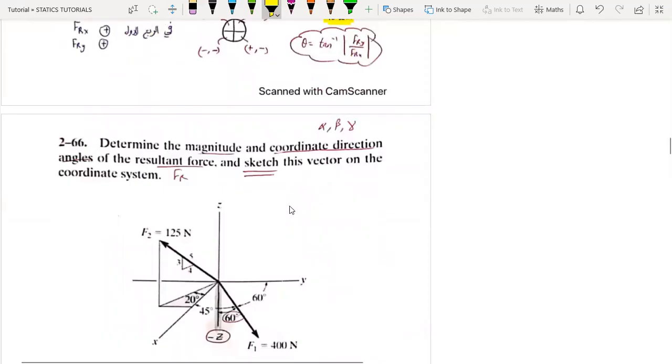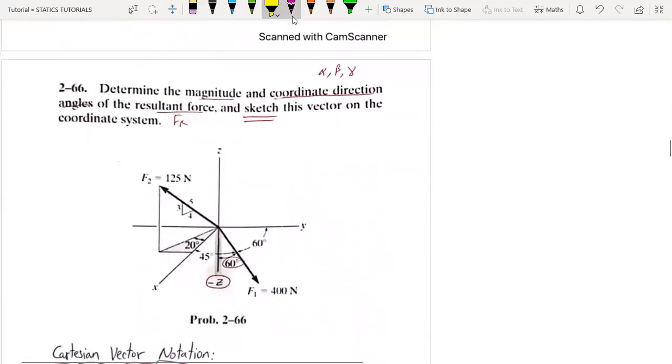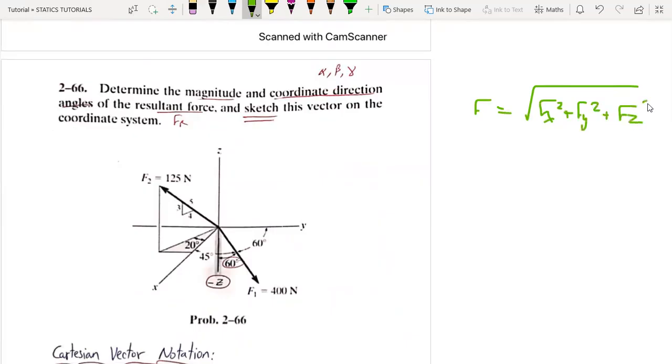Now, what about dealing with vectors in a 3D system? The magnitude will be the square root of Fx squared plus the component in the y direction squared plus the component in the z direction squared.